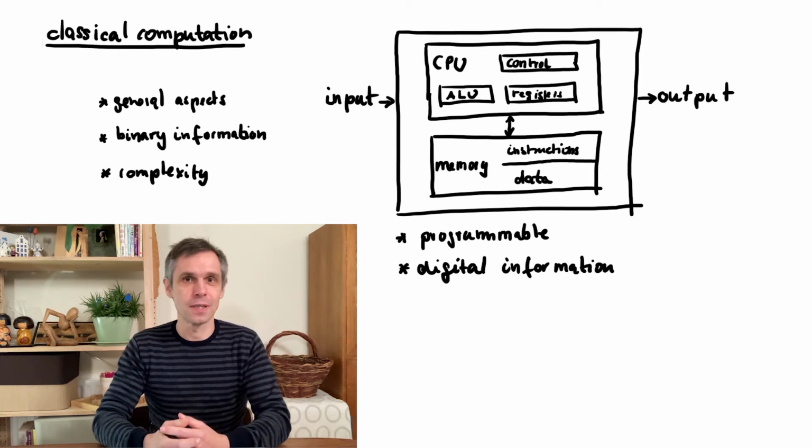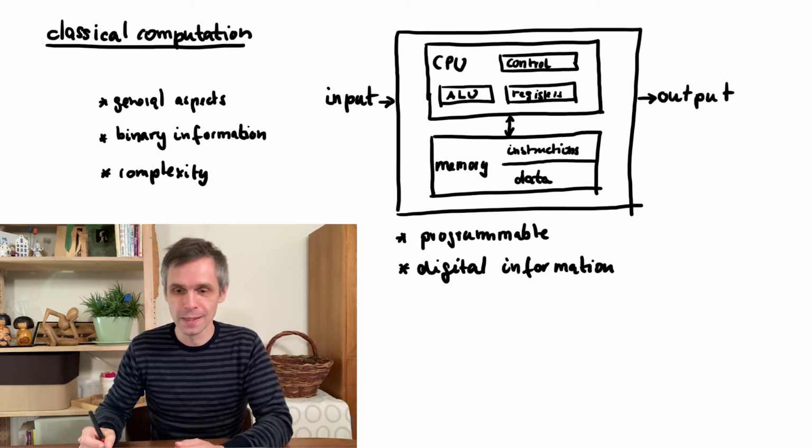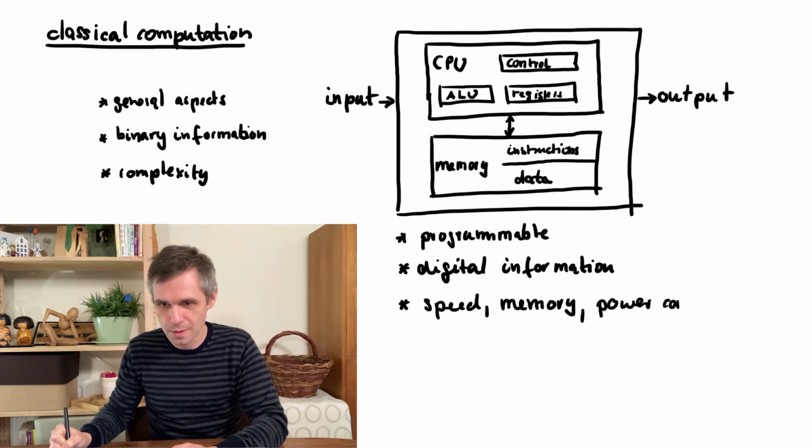And this allows them to carry out very general tasks, only limited by the complexity of the task as well as the capacity of the system, which drives the considerations in the design of these systems, basically concerning their speed, the available memory, as well as the power consumption.